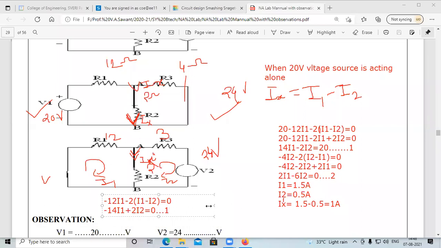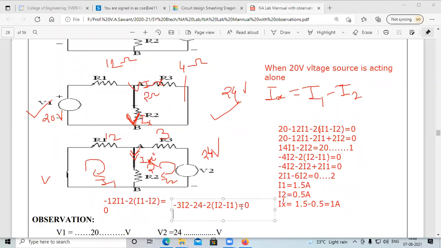Now write down the second equation. Applying KVL to the second mesh: minus 3 I2, then minus 24, then minus 2 times I2 minus I1, equal to 0.